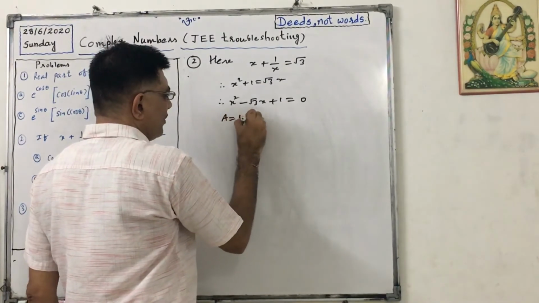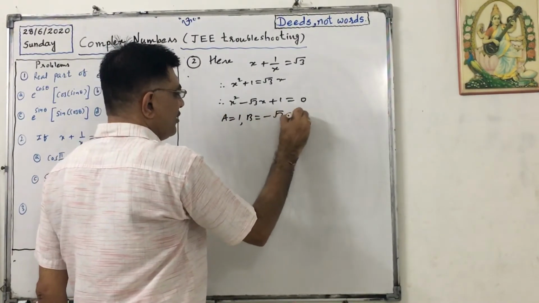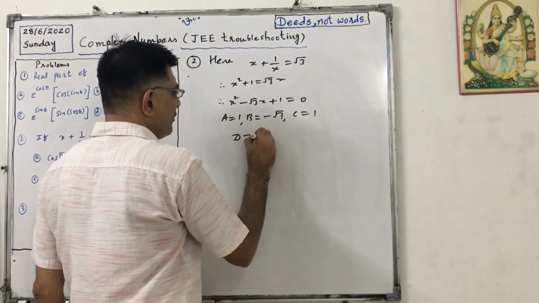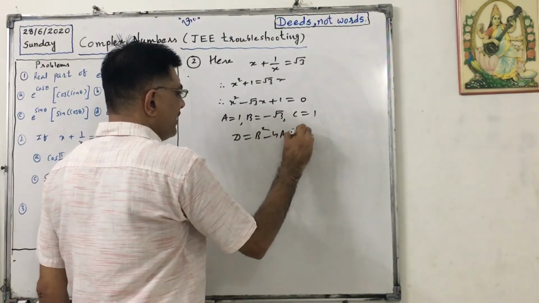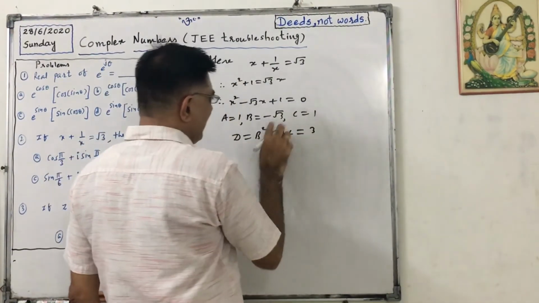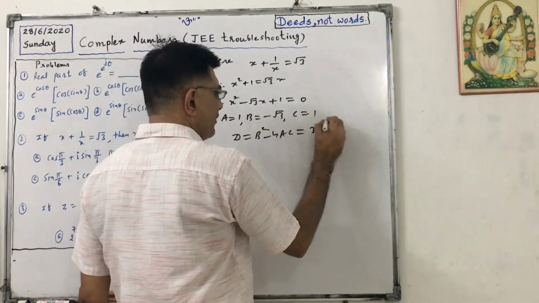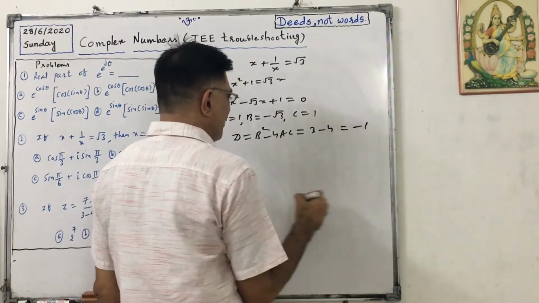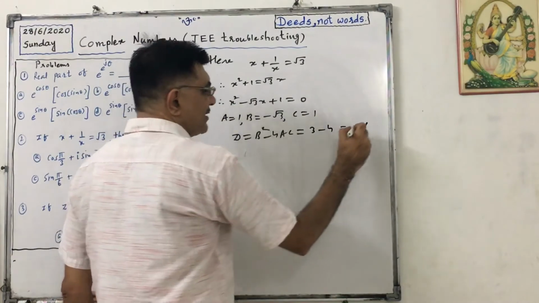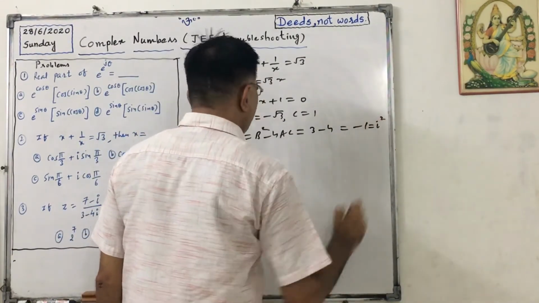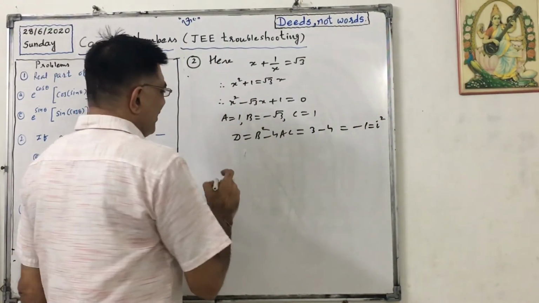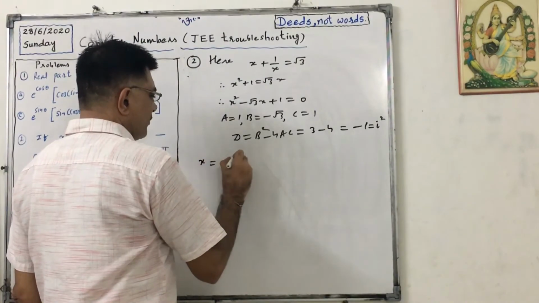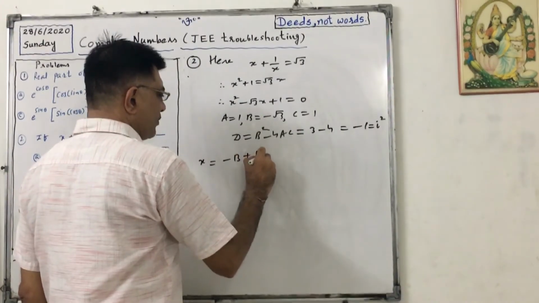Here a equals 1, b equals minus root 3, c equals 1. D will be equal to b square minus 4ac. b square is 3, minus 4 into 1 into 1, so it is minus 1. That can be written as i square. Now x will be equal to minus b plus or minus root d by 2a.